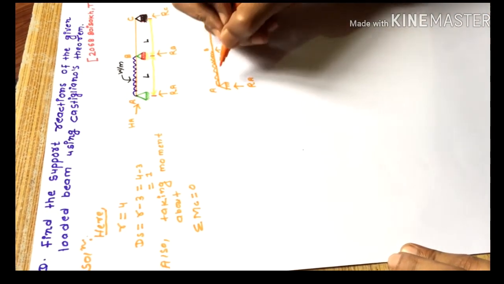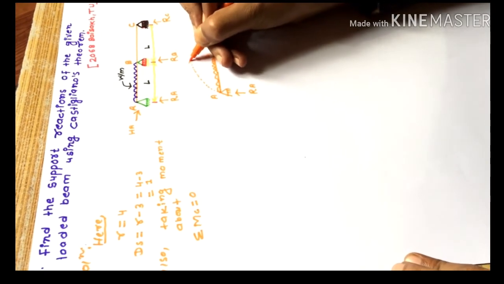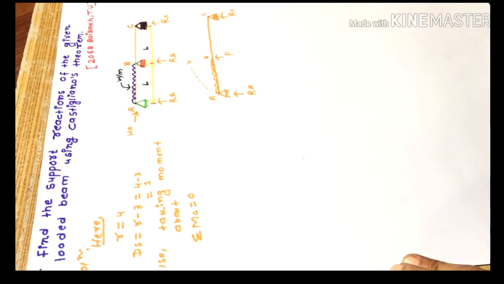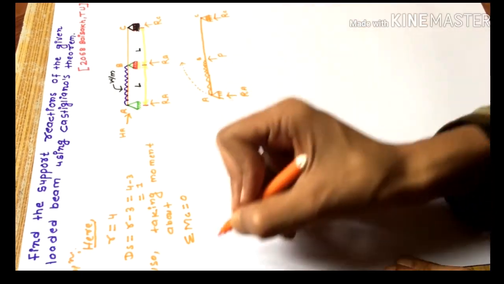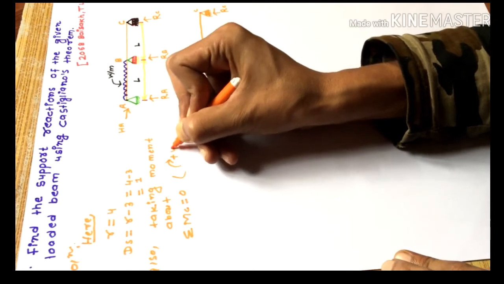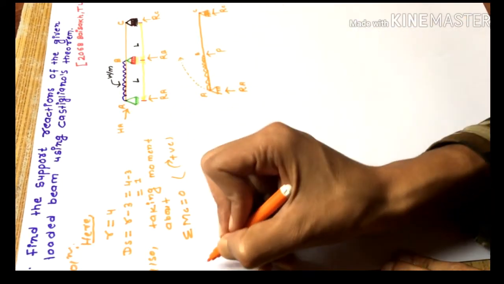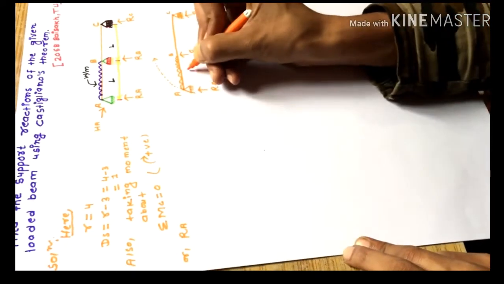So RA will rotate this figure like this. This is called a clockwise moment. So let us assume clockwise moment as positive.